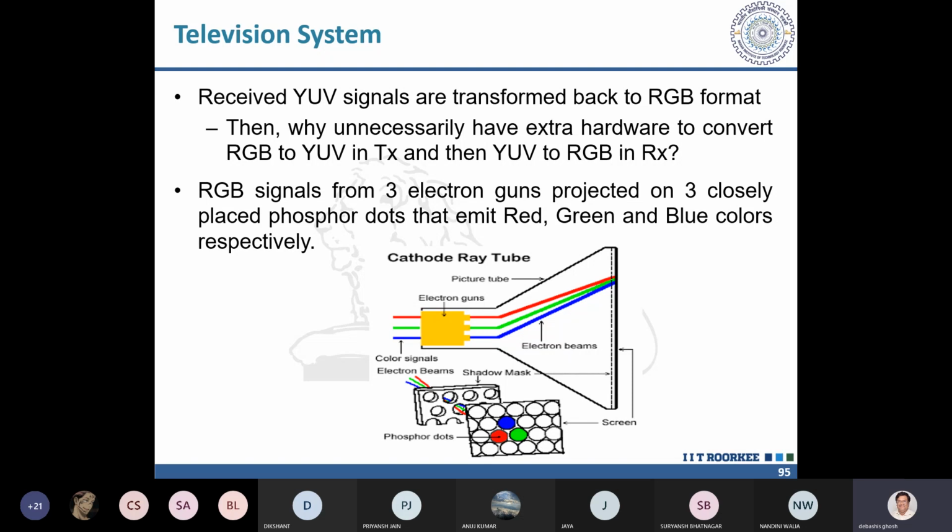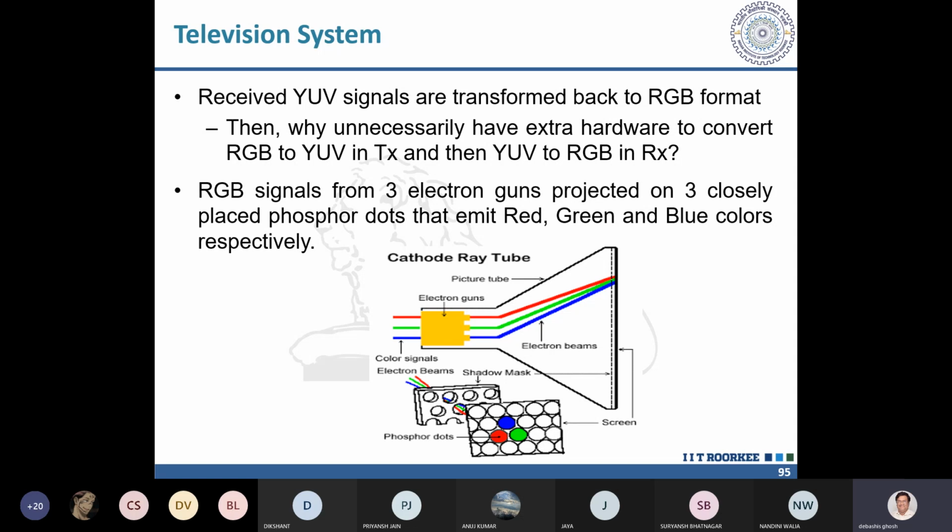So it was decided all over the world that instead of transmitting RGB, we will convert the RGB to YUV and transmit it so that it is still compatible with the black and white TV. Black and white TV users will receive only the Y signal and their TV set will run fine.